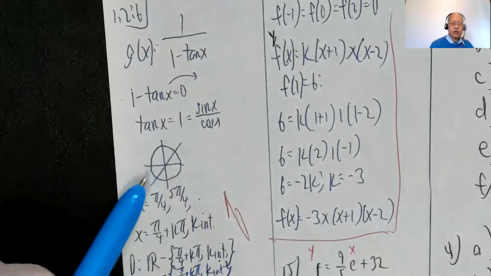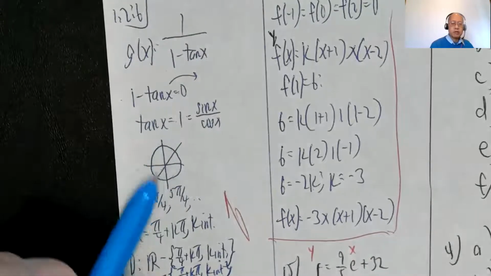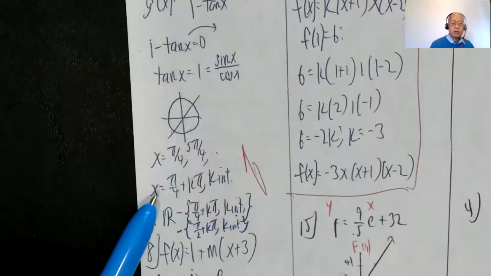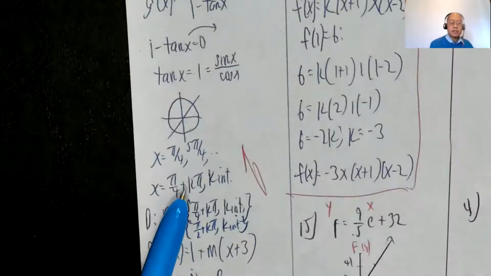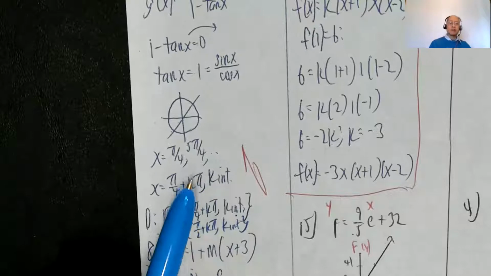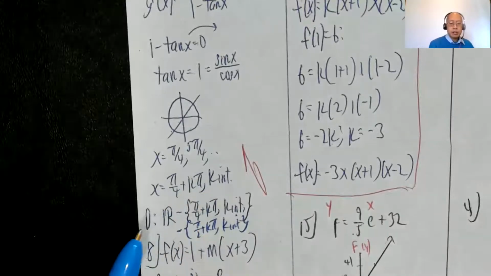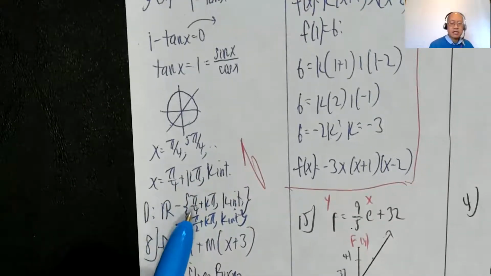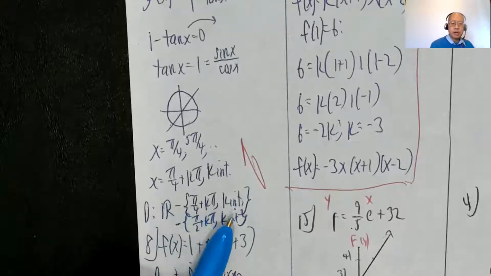That happens at pi over 4, 5 pi over 4, and multiples of pi after that. Okay, so x is equal to pi over 4 plus k pi, a multiple of pi, where k is an integer, and that gets thrown out of my domain. So the domain is all real numbers minus the set consisting of pi over 4 plus k pi, where k is an integer.